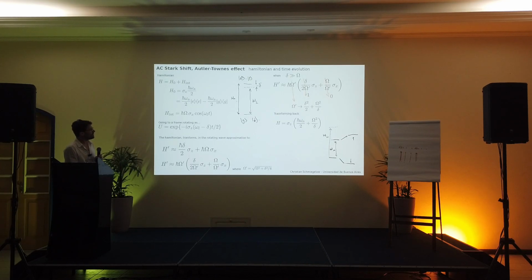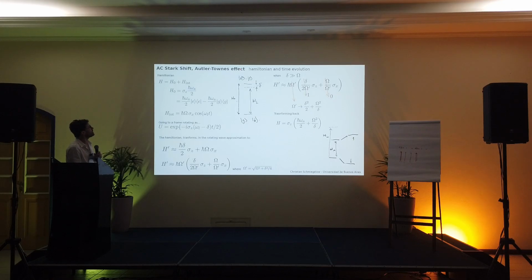When you transform back, your Hamiltonian looks like the original Hamiltonian, which is sigma z times the frequency of the difference of the levels, plus something that depends on the laser intensity, on the interaction of the atom with the laser, divided by the detuning. And you see, this is a shift. By shining a laser which is very detuned with respect to a frequency, you change the energy levels of your atoms. So that's the basic idea of what we call the AC Stark shift, or the Autler-Townes effect.